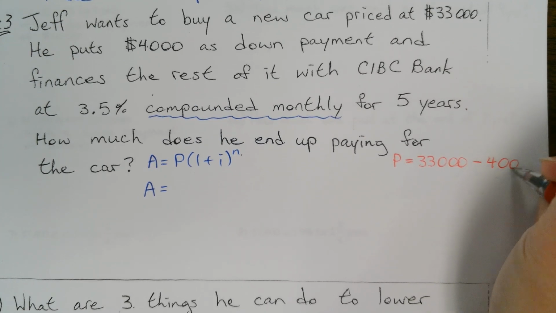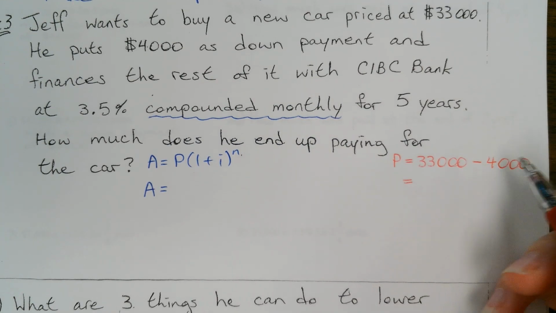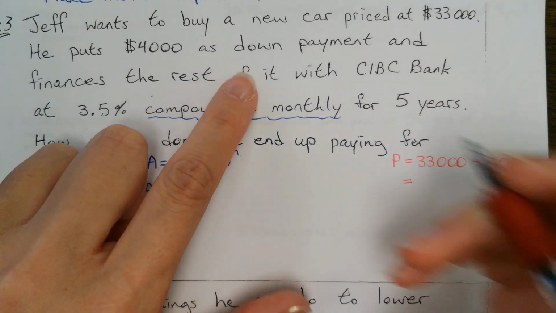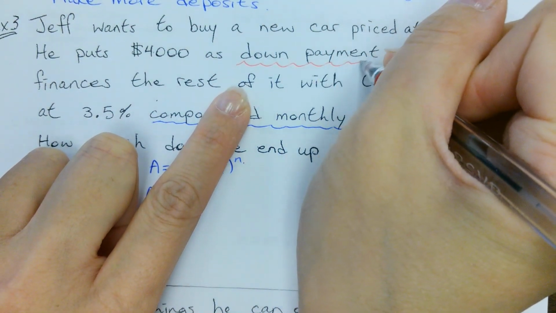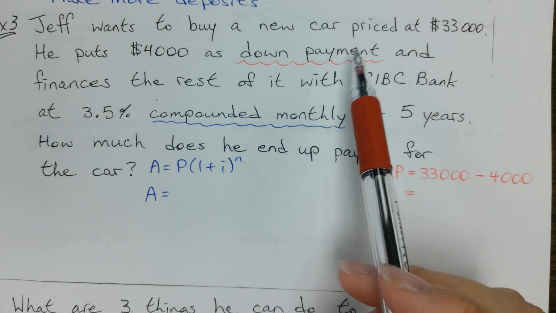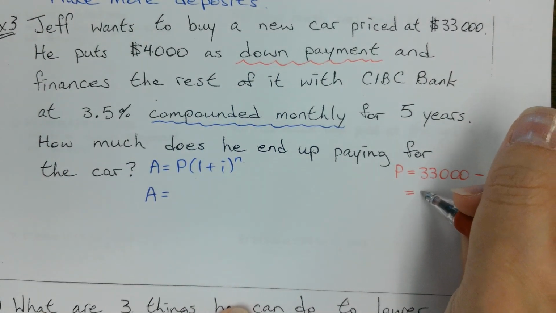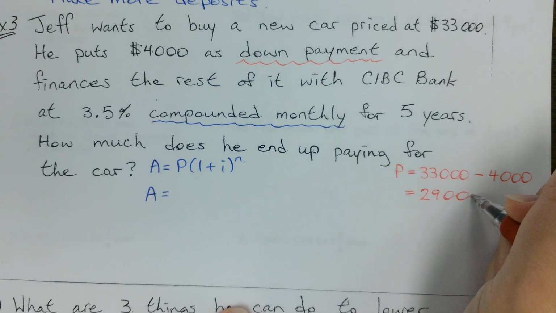Subtract 4,000. $4,000 was the down payment. What does down payment mean? It's not to buy later on, but you pay it down so that what? So this would mean 29,000.